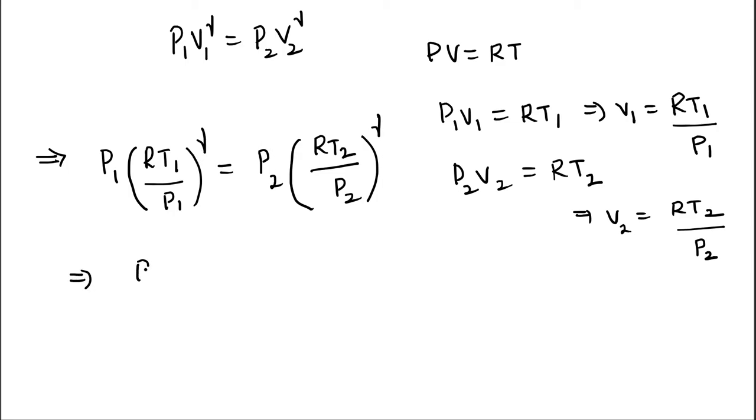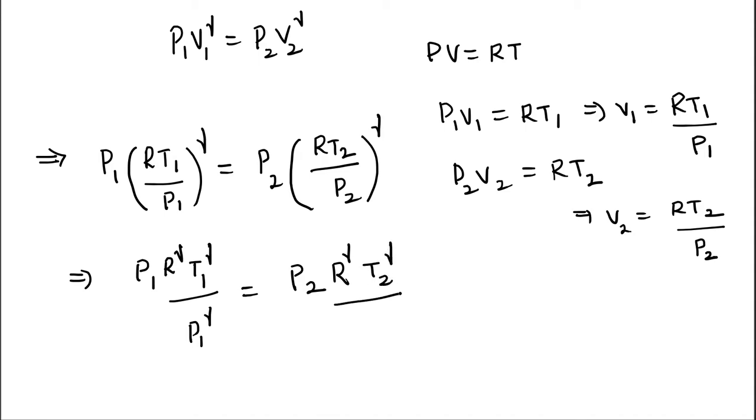That makes P1 R power gamma T1 power gamma over P1 power gamma equal to P2 times R power gamma T2 power gamma over P2 power gamma. So on the left side and right side we have R power gamma, and both cancel out.